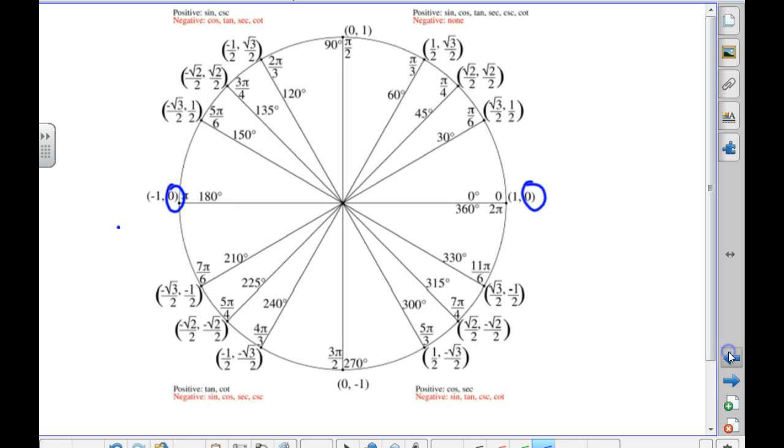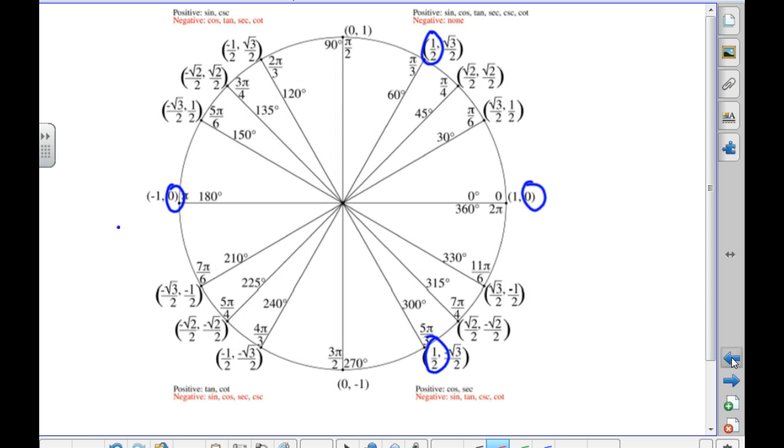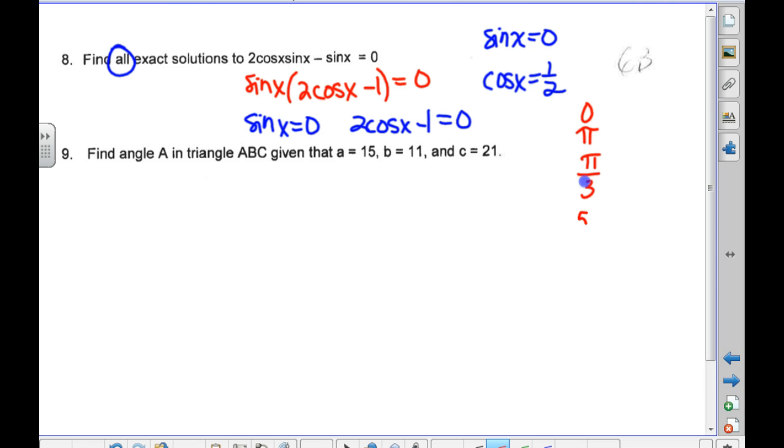And the other one was where the cosine is 1/2, and that is at pi over 3 and 5 pi over 3. Now, it says all exact solutions, so you could list all 4 of those. We had pi over 3 and 5 pi over 3, right? And then put a plus or minus 2 pi n on the back of each.